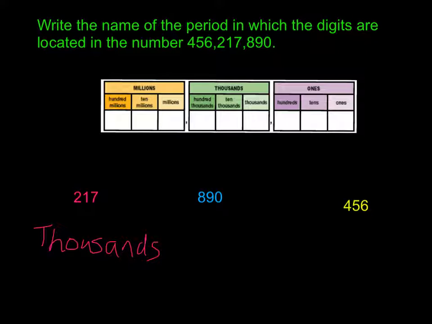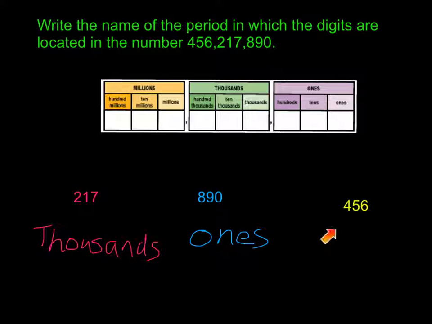And then we're going to look at our next one, which is 890. So if we look up here, our 890 digits are in our very first period up here. And it's the period that begins in the ones column, and it's the ones period. So we're then going to write our ones period down here. O-N-E-S. Ones period.